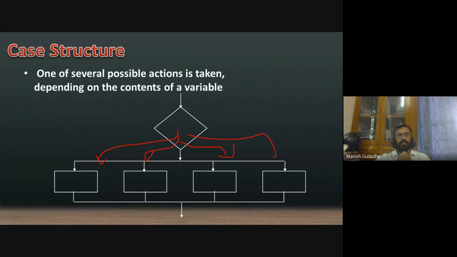It is not the case that all four or any two will be executed. Any one of these four will be executed, and then it leads to the next statement. So if this is executed, the other three will not be touched at all. It directly skips them and moves to this one. So these are the case structures.